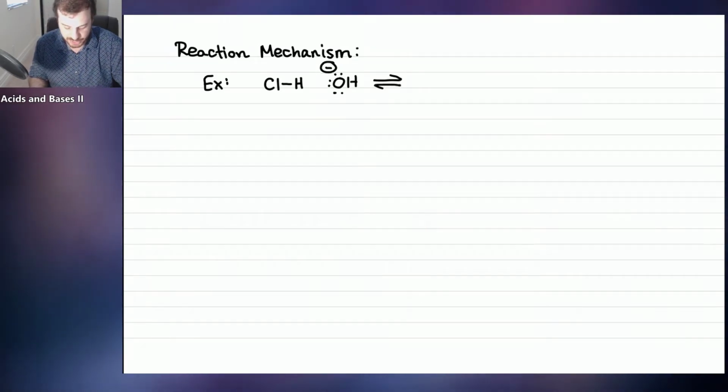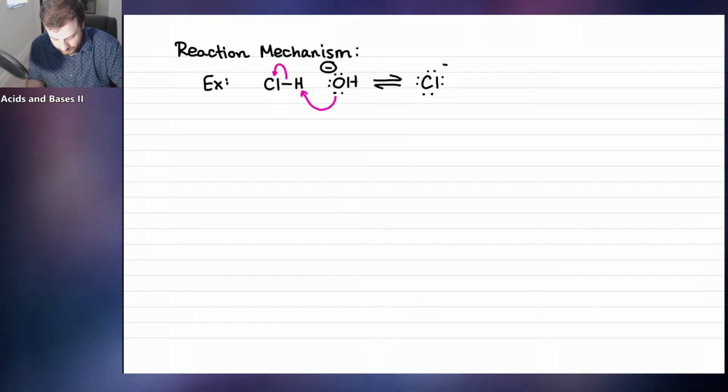And we can draw a reaction mechanism to show that. If you remember, the lone pair of the base grabs the proton of the acid and then breaks the sigma bond between the proton and the conjugate base. That's going to lead us to get the chloride ion plus our conjugate acid, which is H2O. So that's a reaction mechanism.